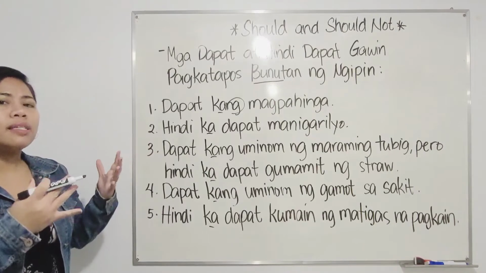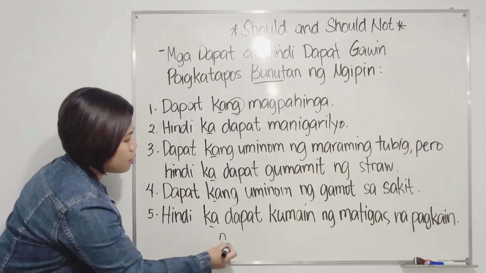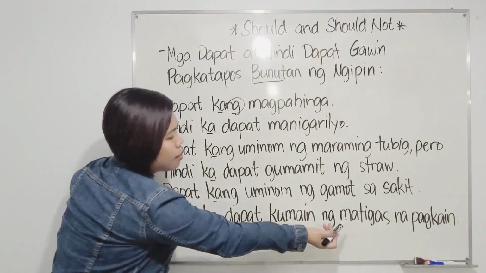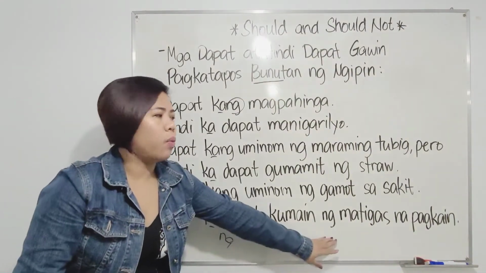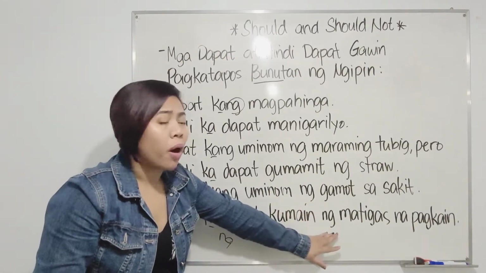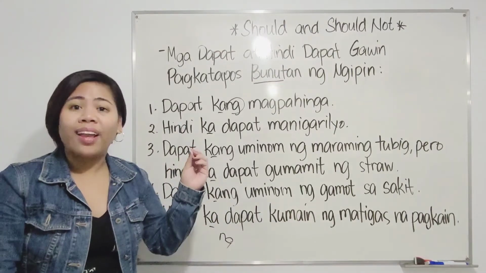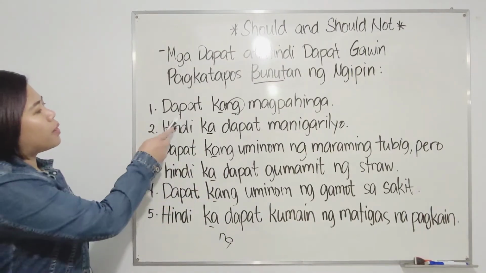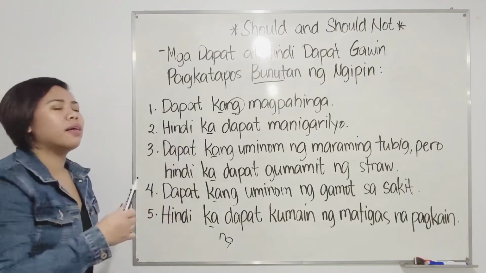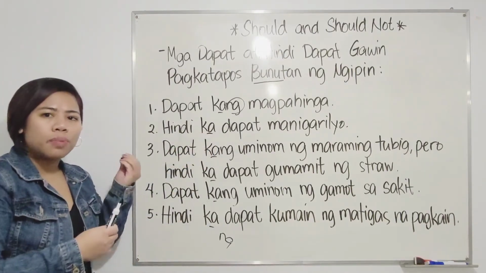It functions as the connector, but when ng is separate, like for example, nang matigas, this one would function like an object marker, or sometimes it functions as a preposition like of. Okay, so but here it is a connector, because when you don't put ng, usually it would sound broken.